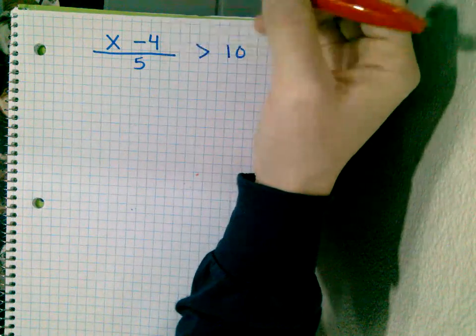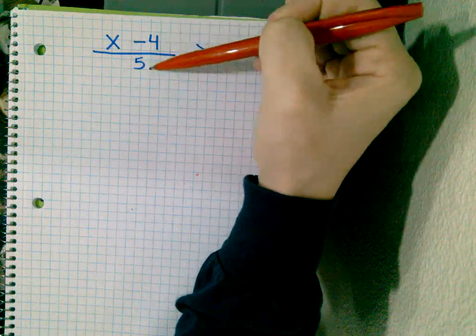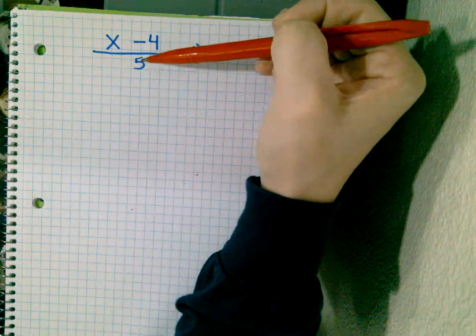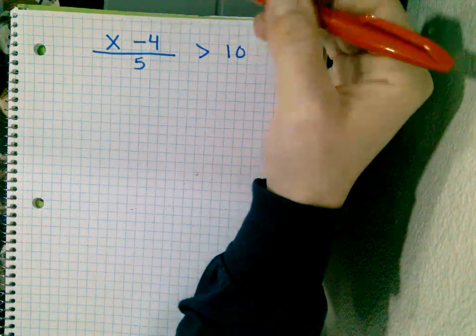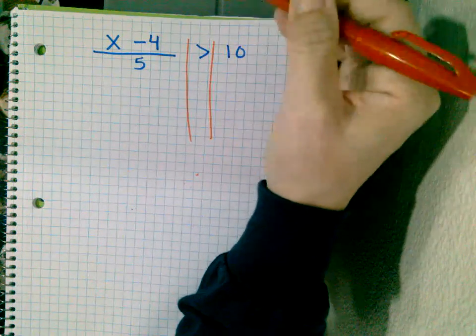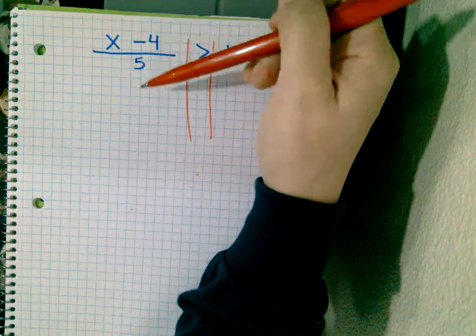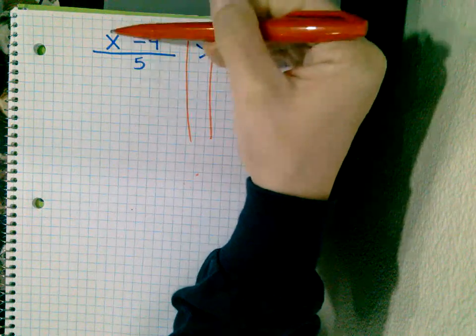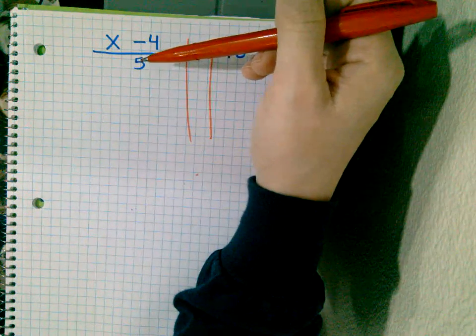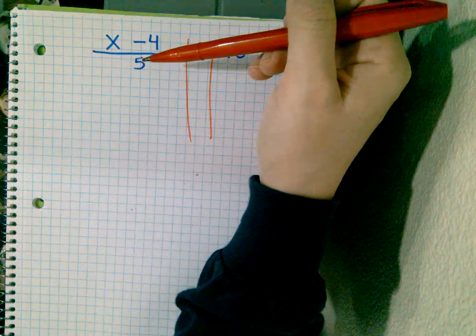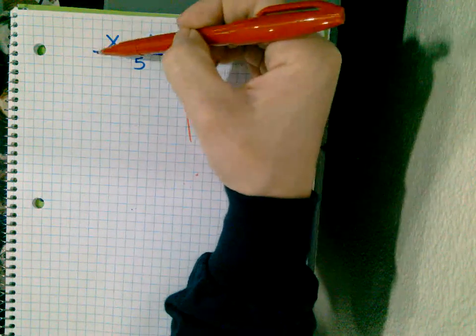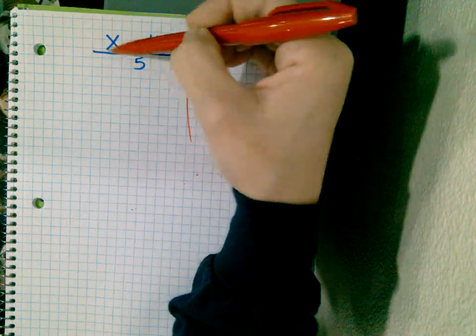So, do you see how everything is being divided by 5? Everything is being divided by 5. So, what you have to do here, like I always ask you, what number is furthest away from the x? Is it the 4 or the 5? And it's kind of hard to tell because they're both somewhat the same distance away. But when everything is being divided by 5, everything is being divided by 5.